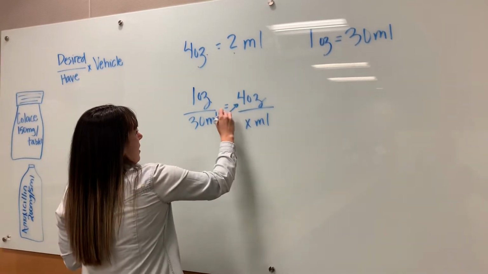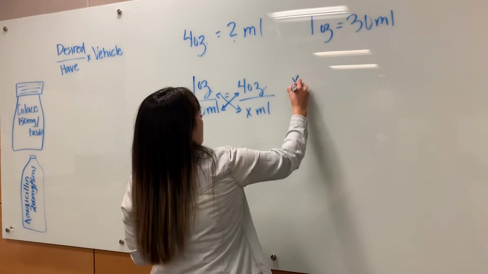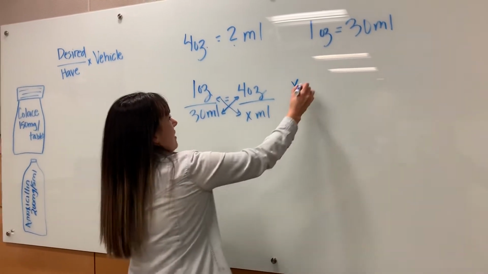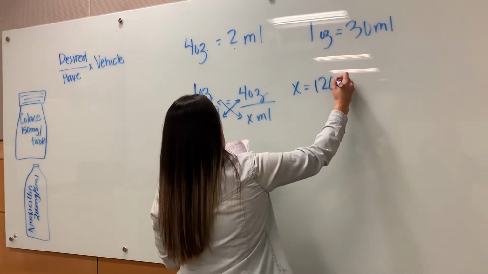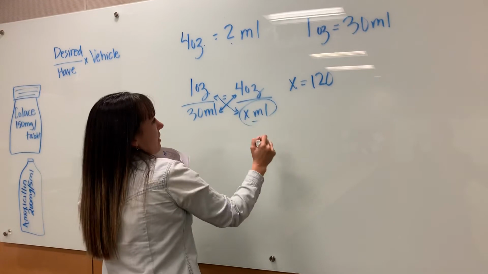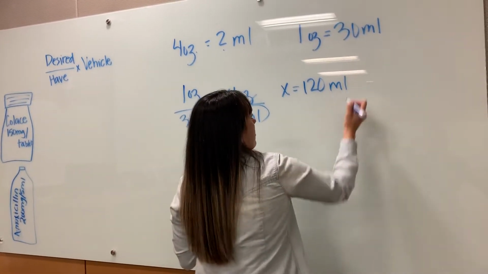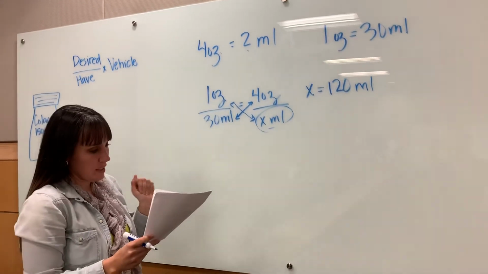So we're going to cross multiply. X, because that's 1X, equals 4 times 30, which is 120. And we're looking for mils here, so 120 mils. That's how many mils are in 4 ounces.